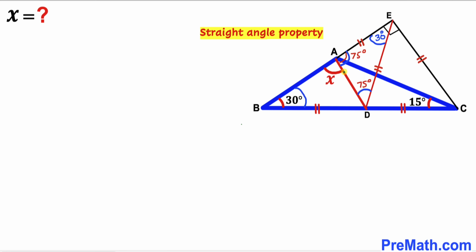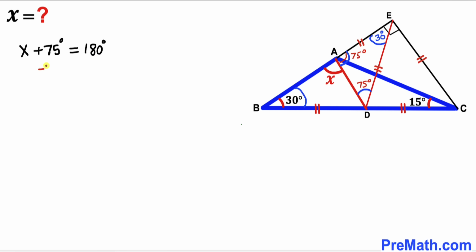And here's our final step. Let's focus on the straight angle property. We know that this whole angle is 180 degrees, and this whole straight angle is the sum of these two individual angles, angle x and this other angle, 75 degrees. So we can write angle x plus 75 degrees is equal to 180 degrees.